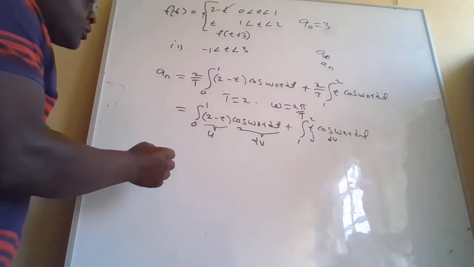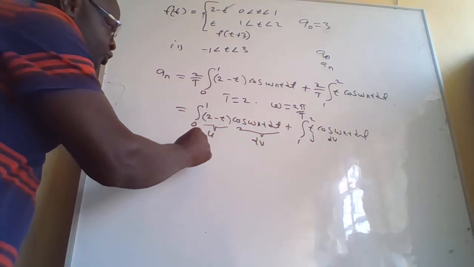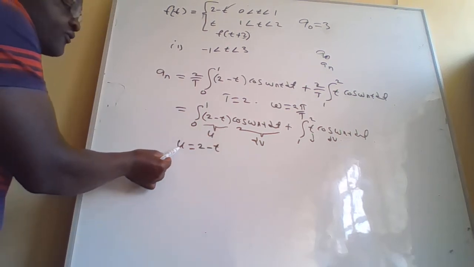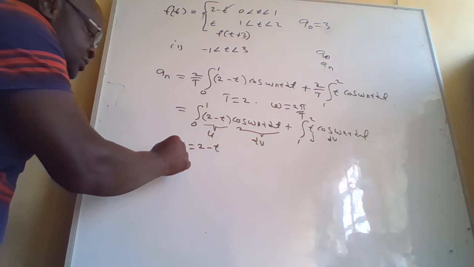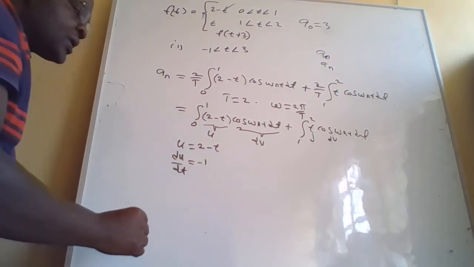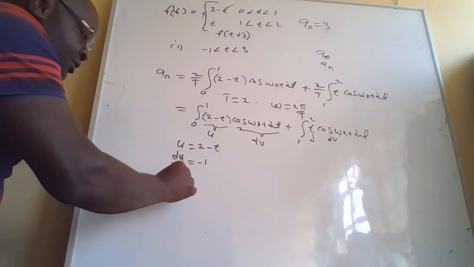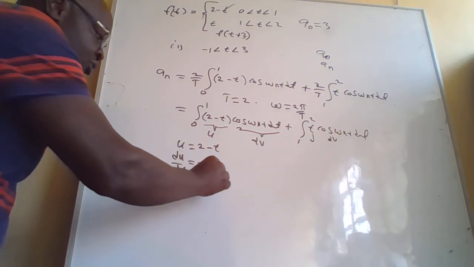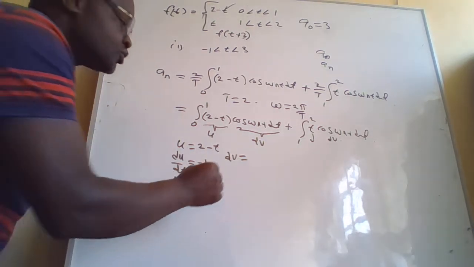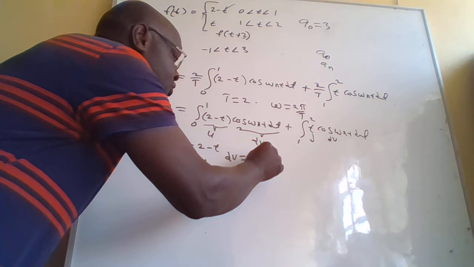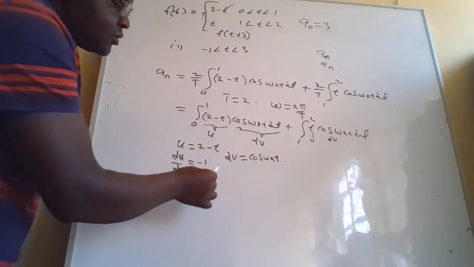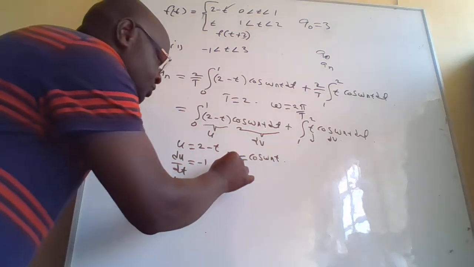Now, u equals 2 − t, so we get the derivative of u with respect to t, du/dt equals negative 1. Therefore, du equals negative dt. dv equals cos(ω_n t). So to get the value of v, we integrate both sides of this equation.